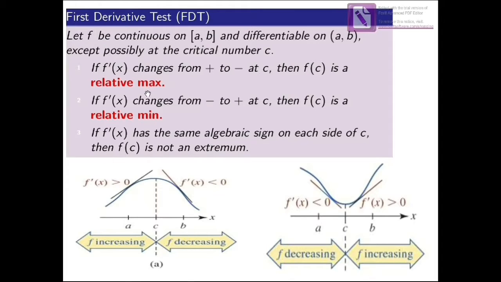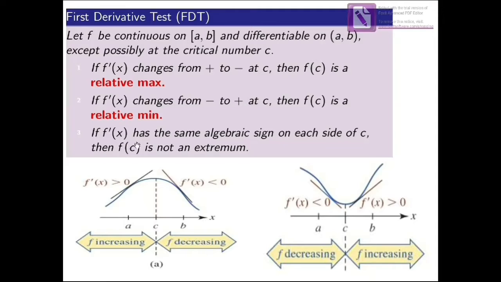a relative maximum. And if f prime of x changes from negative to positive at c, then f(c) is a relative minimum. So if your function changes from negative to positive, then we can conclude that this function has a relative minimum at the point f(c).